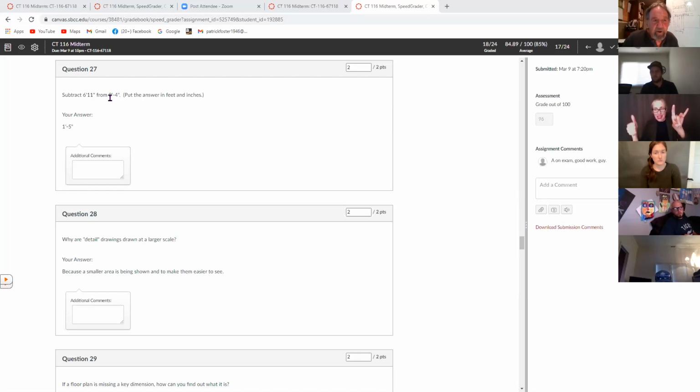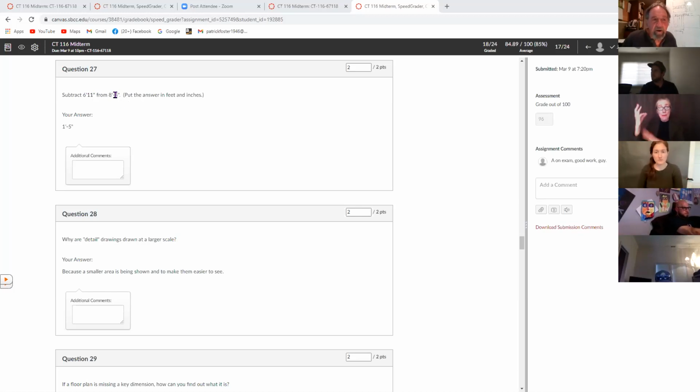You'll have to take one of the 8 feet and turn it into its subunits, which for feet are inches. So if I put 7 feet, I have to take one of the feet, divide it into 12 inches, and add it to the 4. So that would be 7 foot 16 inches. And that you can put over the 6 foot 11 and do regular subtraction and get the right answer.